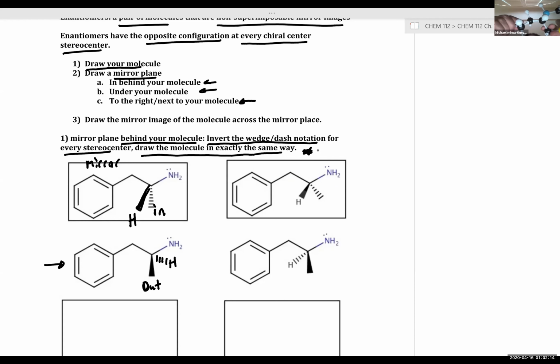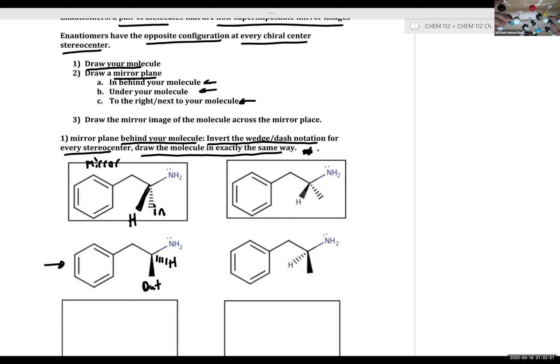To showcase that, if I flip this molecule upside down, I have not flipped any stereocenter. When I flip this molecule upside down, do you notice how from this view, our methyl group is closer? Does everyone notice how if I just flip my molecule around, the methyl group is now pointing towards us?